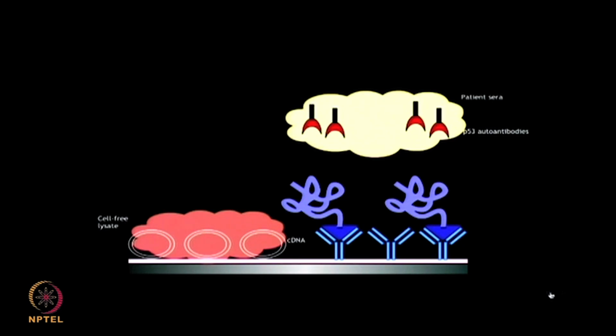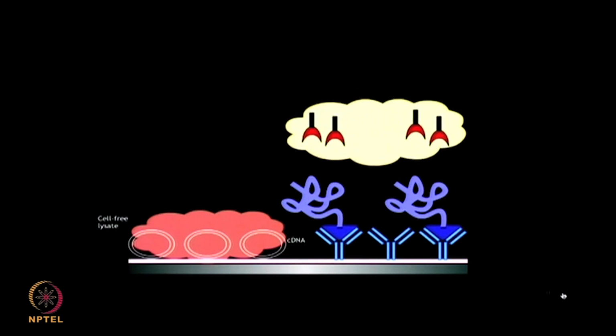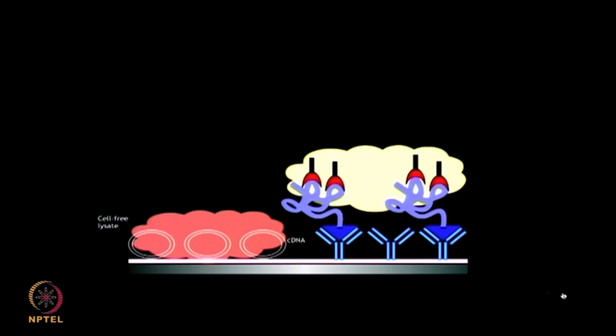After addition of the cell free lysate, proteins are expressed, which can then be probed with the diluted sera of breast cancer patients, which contain p53 autoantibodies. In this study, detection was carried out by means of HRP linked anti-human IgG.